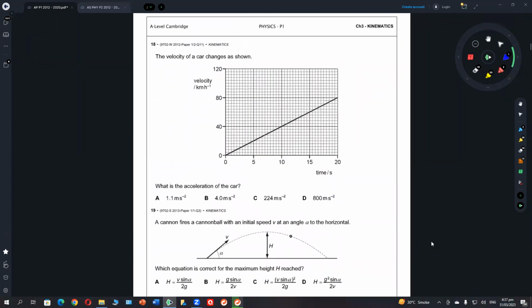The velocity of a car changes as shown. What is the acceleration of the car? Be careful about unit conversion.